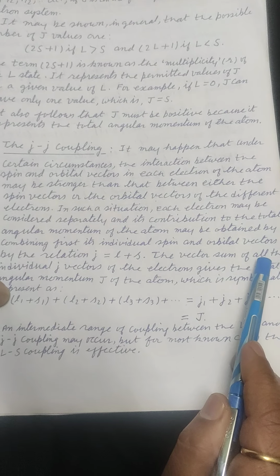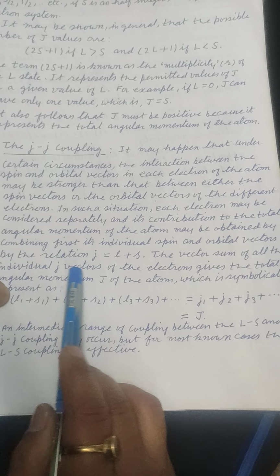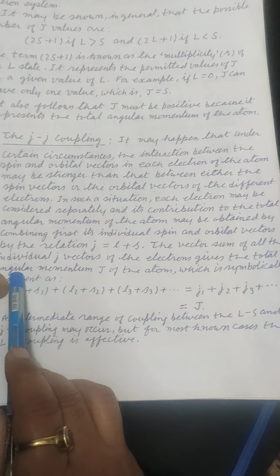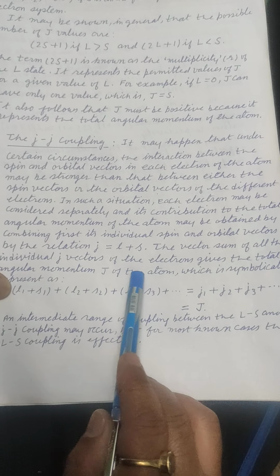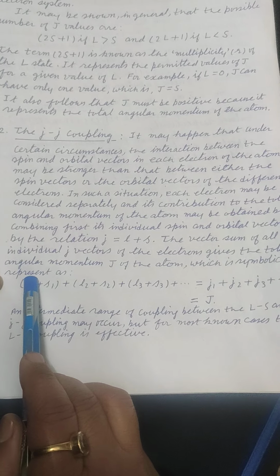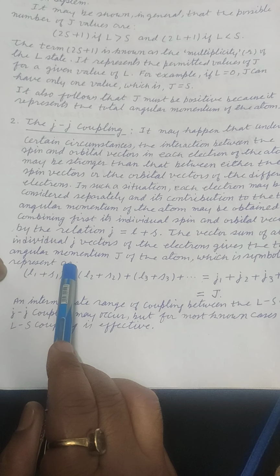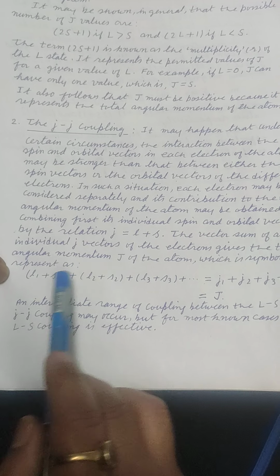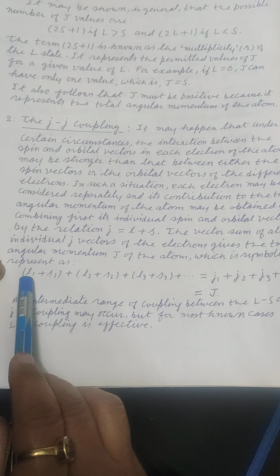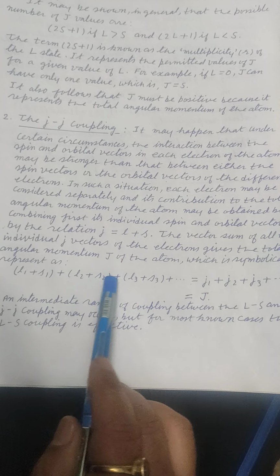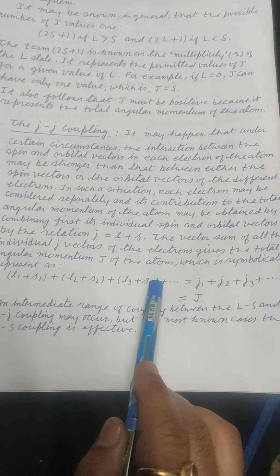The vector sum of all the individual j vectors of the electrons gives the total angular momentum J of the atom, which is symbolically represented in the following manner: l1 plus s1, l2 plus s2, l3 plus s3, and so on.